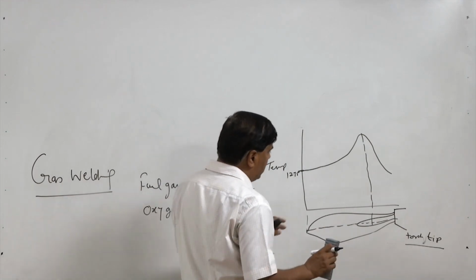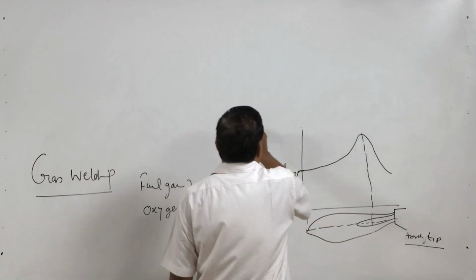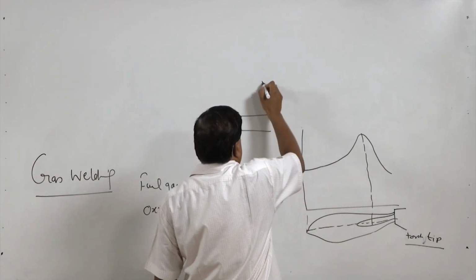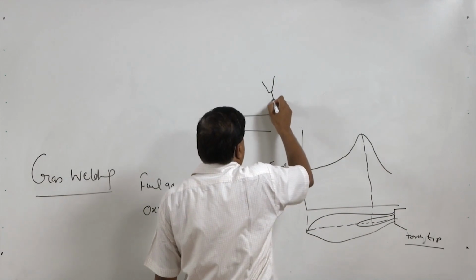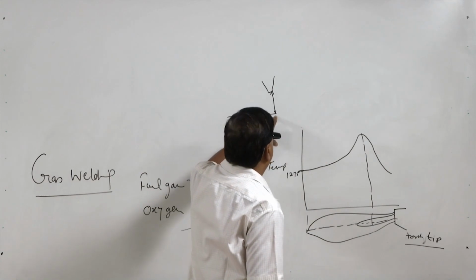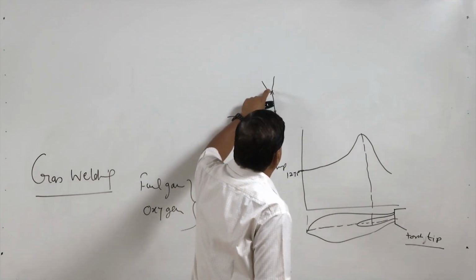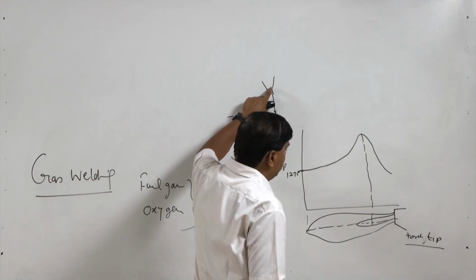Therefore, efforts are always made in such a way that the distance of the nozzle from the workpiece is such that the surface of the workpiece is just at the peak temperature zone of the inner cone.